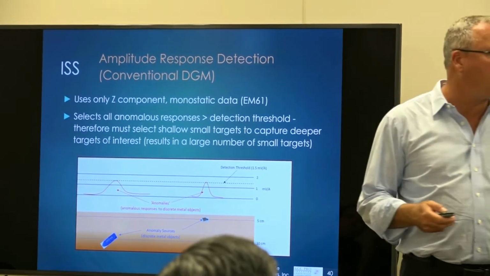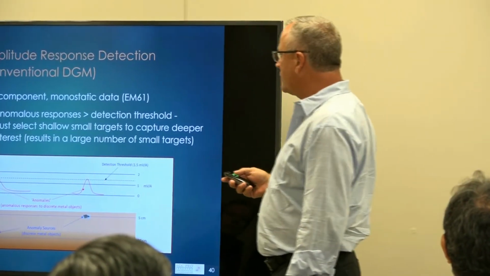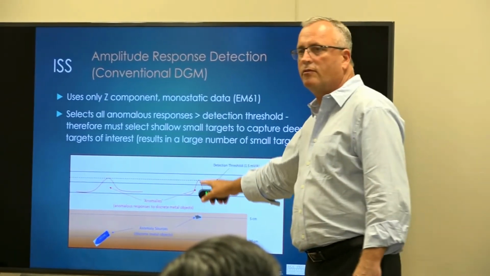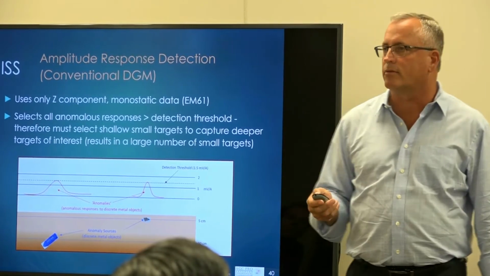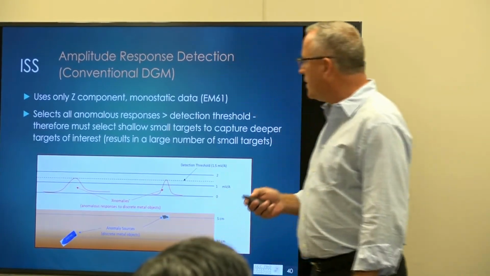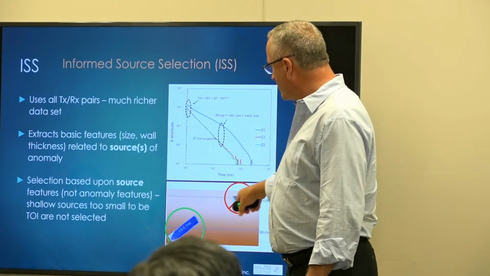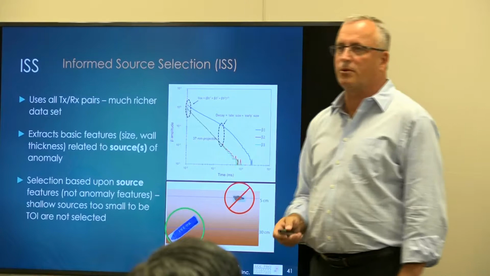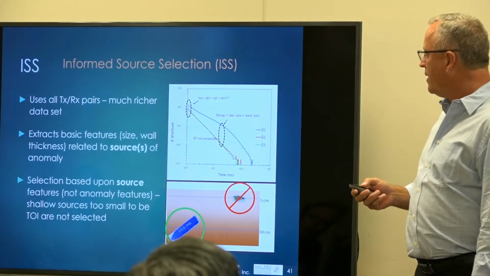What we want to do with the advanced sensors is say, okay, using the dynamic data, can we do the same kind of inversion and separate the intrinsic and extrinsic features, and decide what we're going to do based on the intrinsic features. We can exclude small targets and deeper targets.